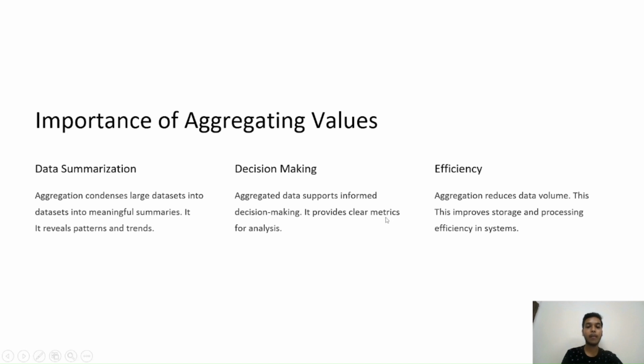It provides clear metrics for analysis. And efficiency: aggregating reduces data volume. This improves storage and processing efficiency in systems, because if we have large data sets, we are dividing them into small sets. So it is useful for storage and processing in the system.